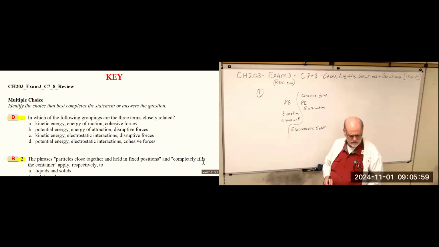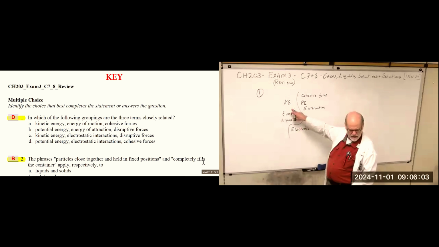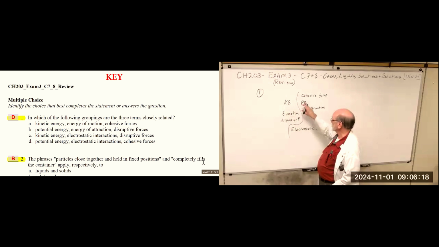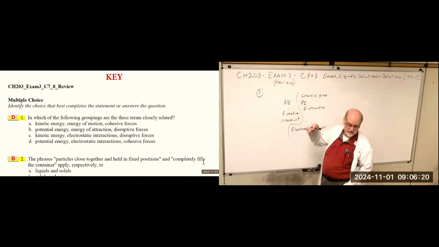So which ones go together? Well, let's see. Kinetic, A and C have kinetic, but C has electrostatic, so that one doesn't do. Disruptive is fine, but electrostatic is not. How about A? Energy of motion, cohesive force. That's not a cohesive force. This is. All right, so we can throw A and C out.